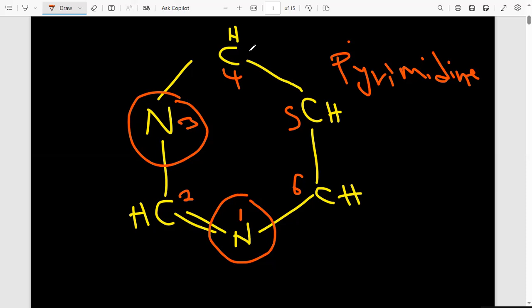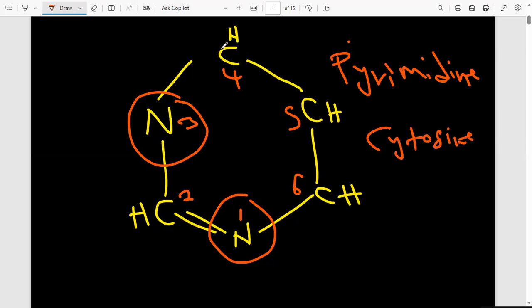If I add an amino group here, then at this point I add a ketone. Or yeah, I can add a ketone here. Then I'll make what we call a cytosine.